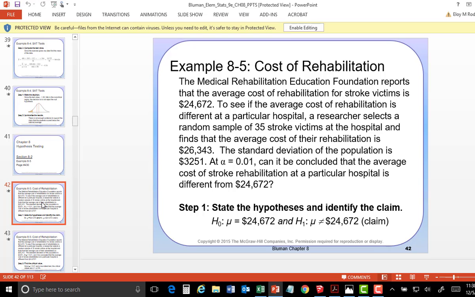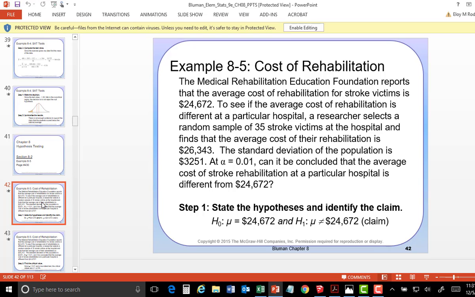If it's not equal, 1, 2, to the right, to the left. It's 2, because whenever it's not equal, it's 2. If the inequality arrow points this way, it's a right tail test, and if it points this way, it's a one tail test over here. Correct? Okay, so this is 2 tail.